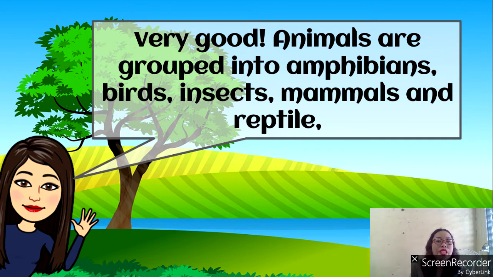Yes, I forgot also to mention that animals are grouped into amphibians, birds, insects, mammals, and reptiles. These are the common groups of animals. And with these groups, insects are considered the greatest in number. It means there are a lot of insects.